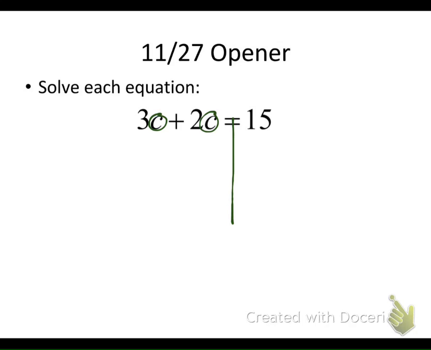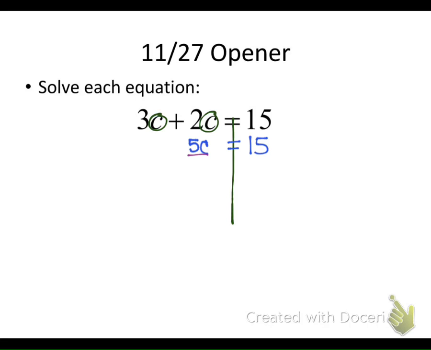How would I simplify the left side of the line of equality? All you're doing here is combining like terms. So 3c plus 2c equals 5c, and then I just bring down my equals 15. Now, this is a one-step equation.